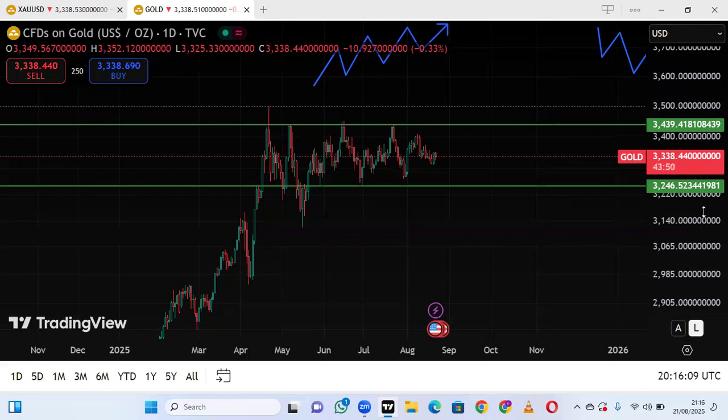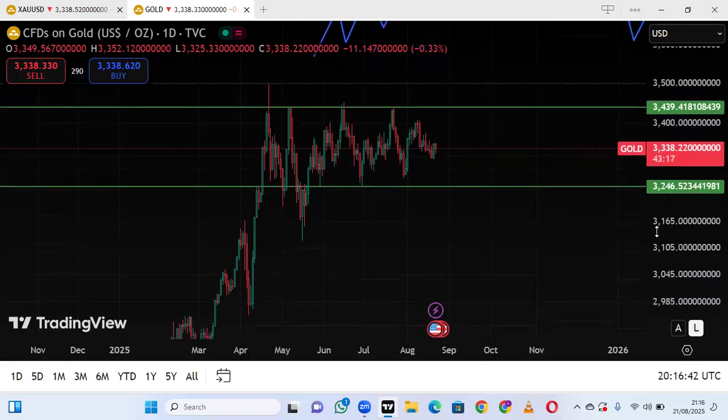In today's class, internal structure plus external, then refinement. Using this strategy will help you know where to target your entry, your stop loss, and your exit point. So this is what you are supposed to use.